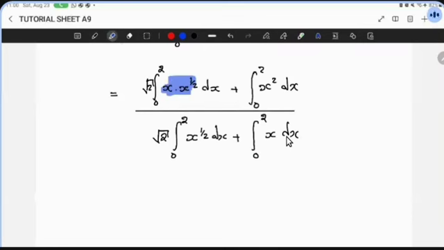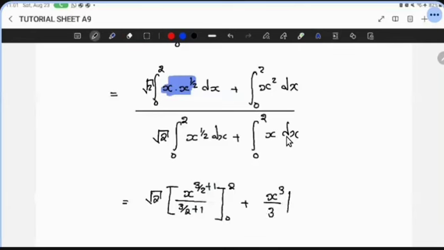That will be x to the power 3 over 2. So we now have root 2. The first term becomes x to the power, since the current power is 3 over 2, it will be 3 over 2 plus 1 over that same new power, 3 over 2 plus 1. When you integrate that first part. When you integrate x squared there, we'll get x to the power 3 over 3 from 0 to 2.